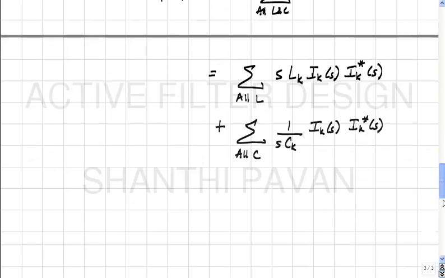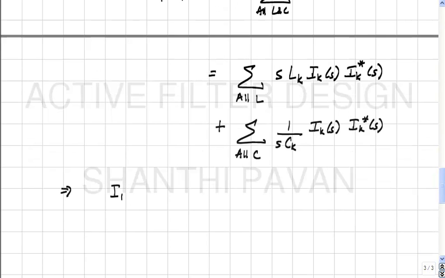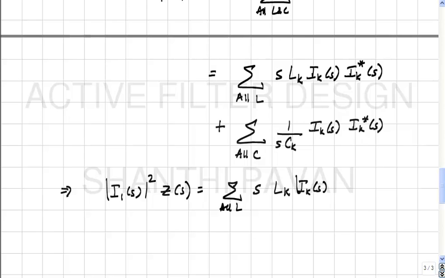Now, this therefore means that mod I1 square of S times Z of S is the sum over all L of S times Lk times mod Ik of S the whole square, plus the sum over all C of 1 over S Ck mod Ik of S the whole square. K are nothing but indices which run over all inductors and all capacitors.